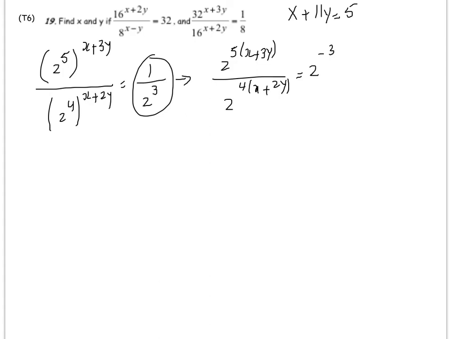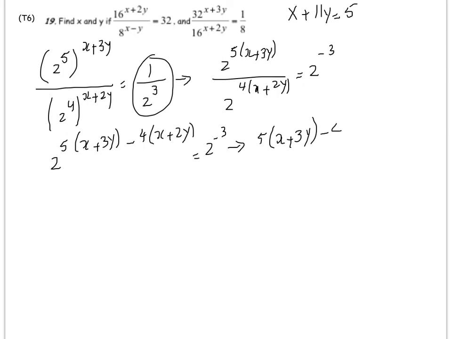Now, when you have division of powers with the same base, I subtract the exponents, so I get 2 exponent 5 times x plus 3y minus 4 times x plus 2y is equal to 2 exponent negative 3. Since the bases are the same, the exponents have to be the same, so from here I get 5 times x plus 3y minus 4 times x plus 2y has to be equal to negative 3.